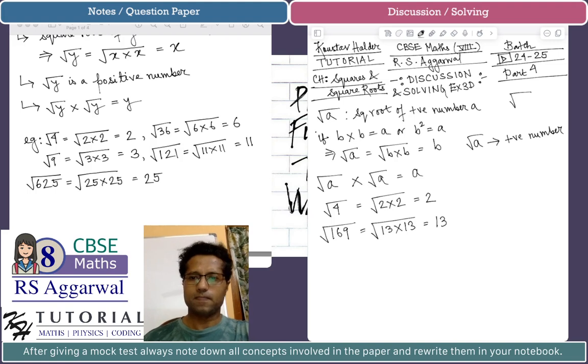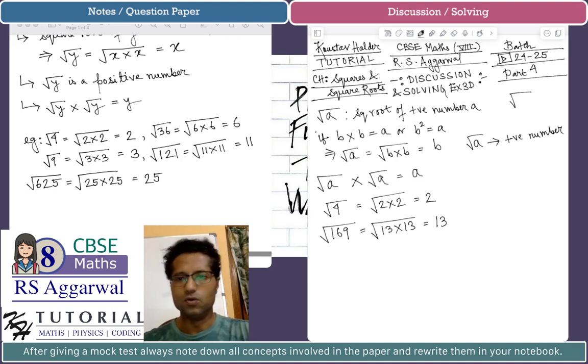Now you can argue that if there is a number b such that b into b equals a, that is b square equals a, then we are saying b is the square root of a. Let's consider 2 and minus 2. Minus 2 whole square we know is 4.